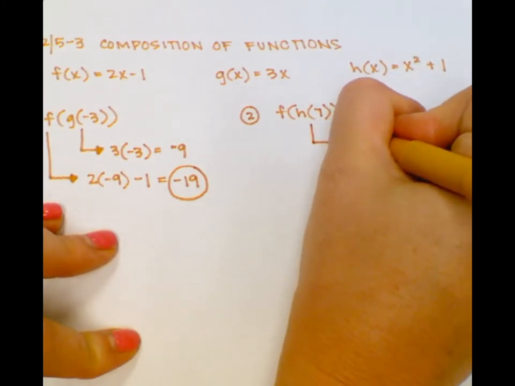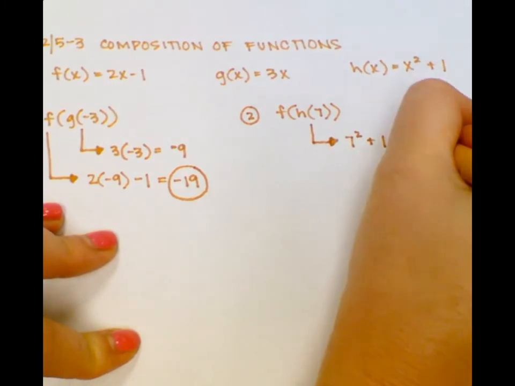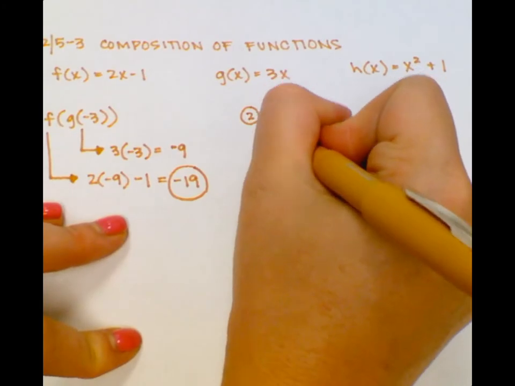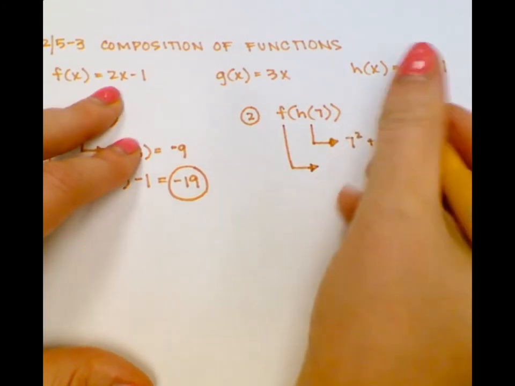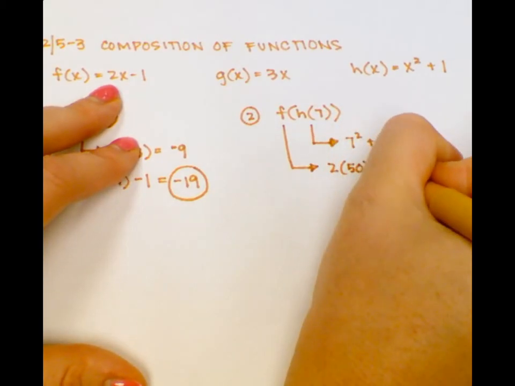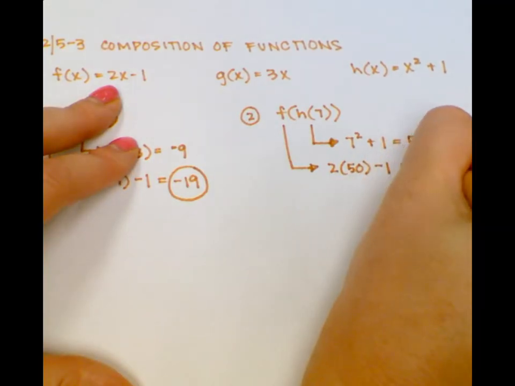So 7 squared plus 1, 49 plus 1, which is 50. Then go to the outside. So now I'm going to go to the f, which is over here, and plug in the 50. 2 times 50 minus 1, so 100 minus 1, which is 99. There's your answer.